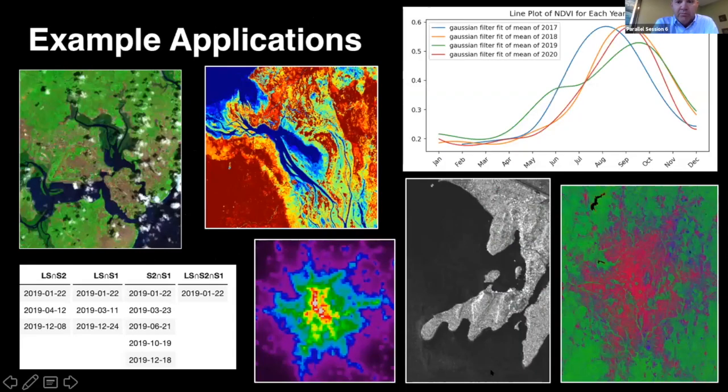Here's what a few of the outputs look like. And each of these is a screenshot of output from some of our sample notebooks that are out there for you. You can see in the top right is vegetation phenology. The bottom right is a fractional cover image. The gray image there is the radar. There's night lights. There's mission coincidences in the bottom left. The cloud statistics are on the left.